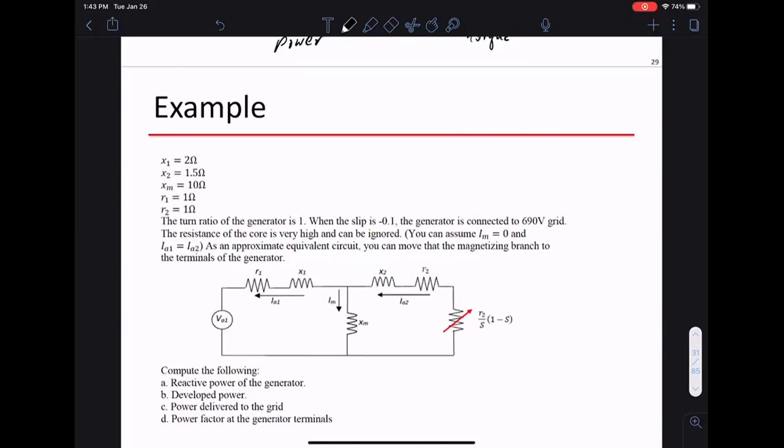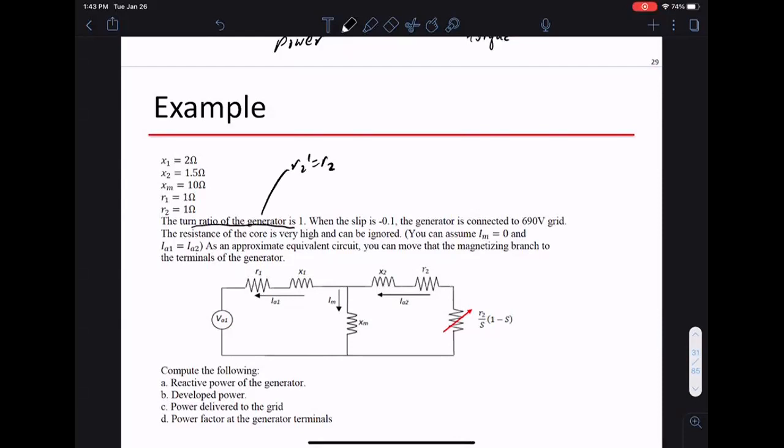In this example, we're given the equivalent circuit. We're given that X1 is 2 ohms, X2 is 1.5 ohms, Xm is 10 ohms, R1 is 1 ohm, R2 is 1 ohm. The turns ratio of the generator is 1, which means R2 prime is equal to R2, for example.